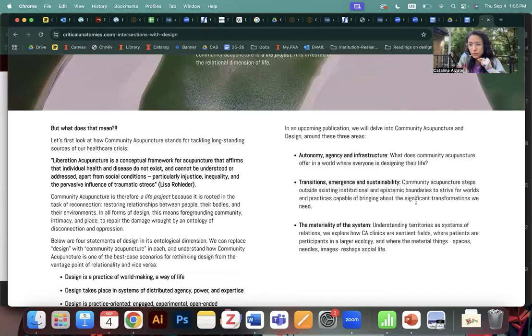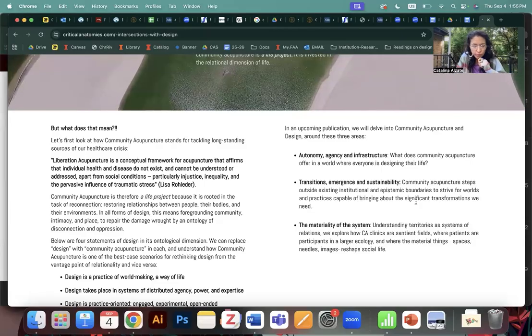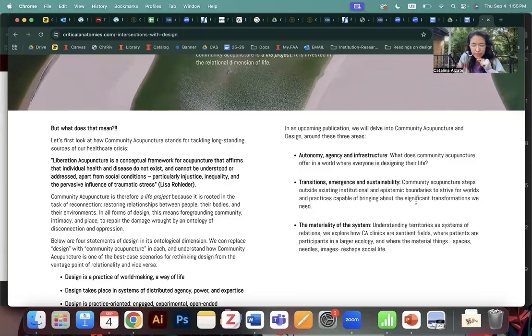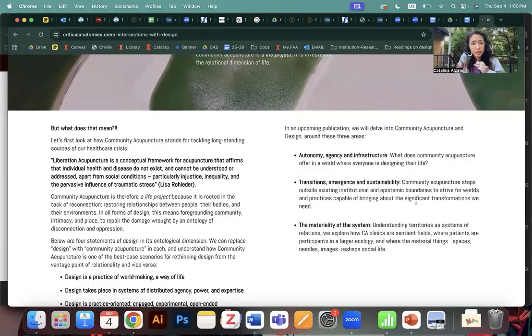The work that we need to do and are urged to do is rooted in the task of reconnection, restoring relationships between people, their bodies, and their environments, and the role of community, intimacy and place as essential for the kind of systems that we need to see in a world where we are every time more disconnected, especially from our bodies, but also from each other.